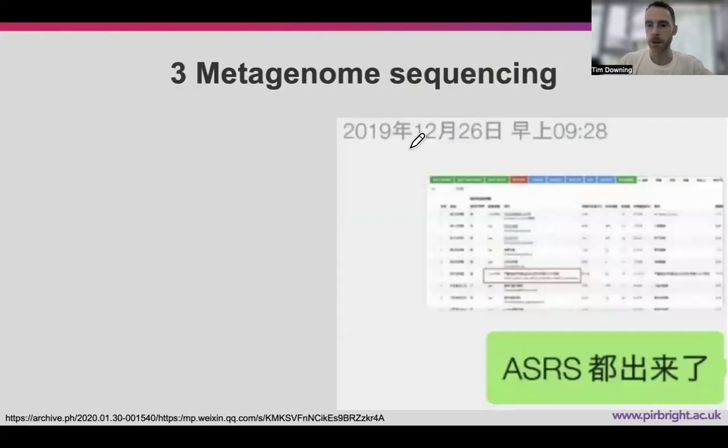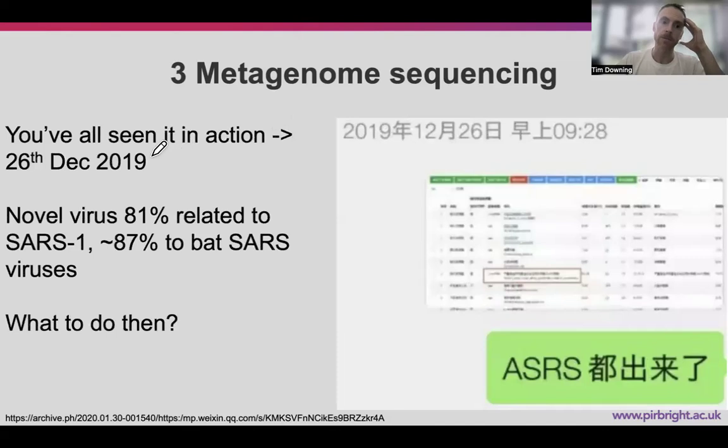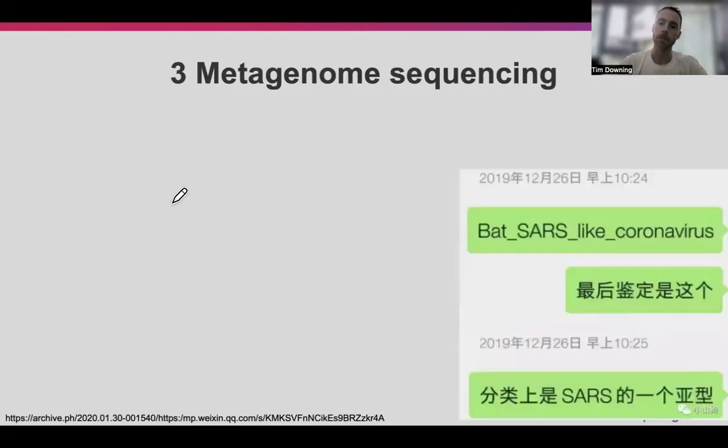An example of this is something that you all well know. On the 16th of December 2019, early in the morning, there's metagenomic sequencing of some sort of novel virus that had 81% similarity, based on this very limited sequencing of it, just containing a few reads, to something distantly related to SARS-1, and also 85% similarity, give or take, to some bat SARS virus that they were trying to explore that morning.